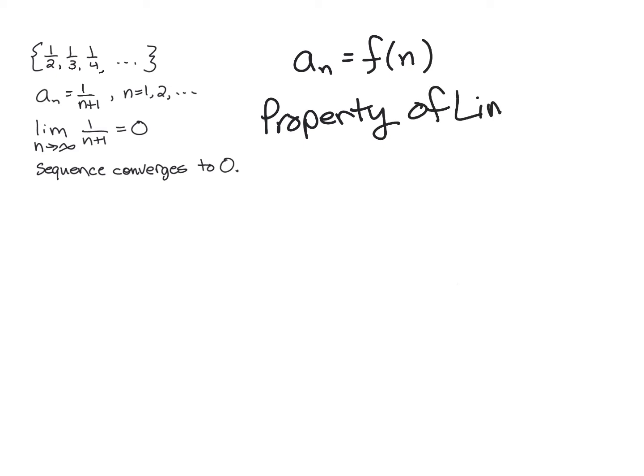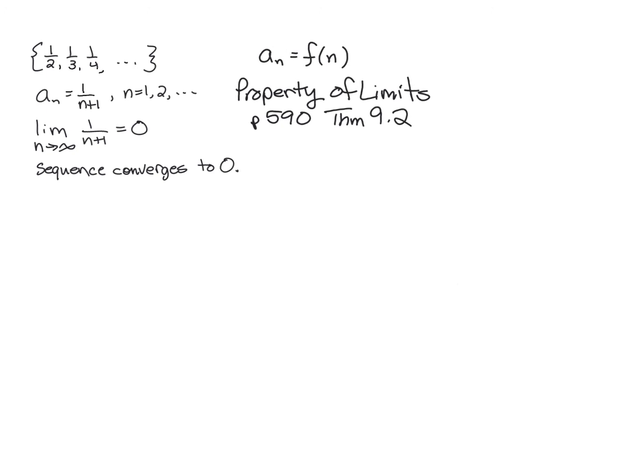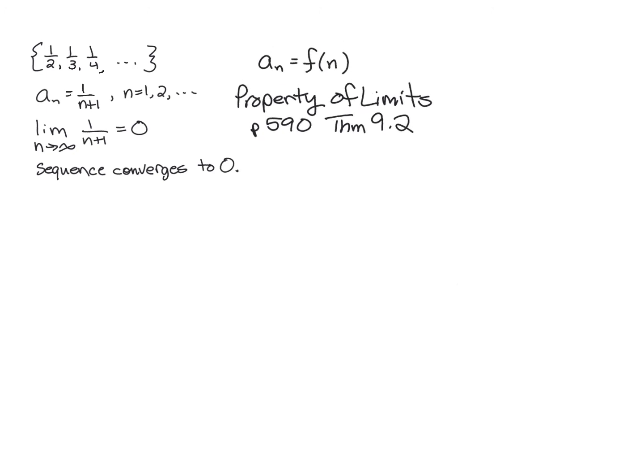So I'm just going to have you look at those in the book. It's on page 590, and it's theorem 9.2, and there's a long list of the properties about products and quotients and sums and differences, scalar multiplication, things like that. But this is all stuff that I'm sure you would do naturally anyway.